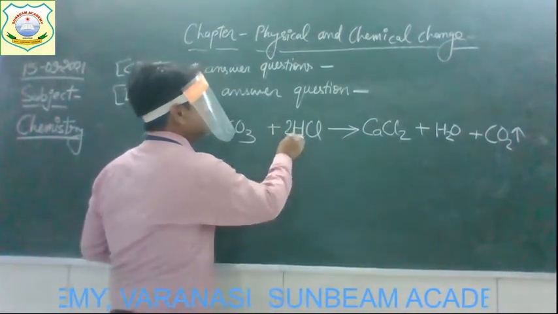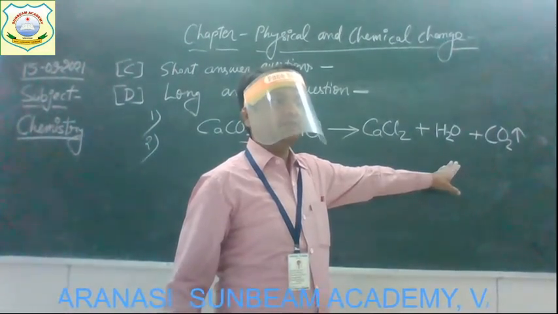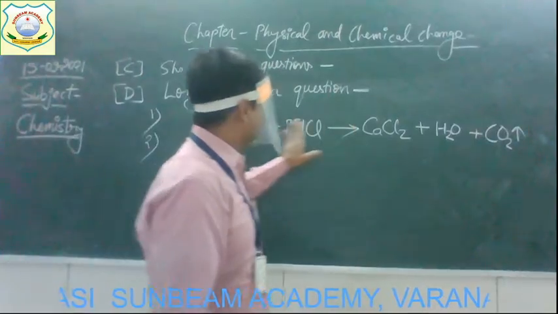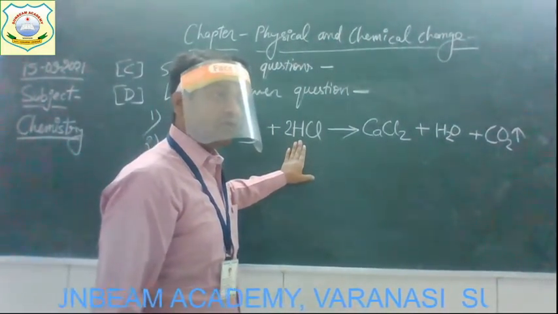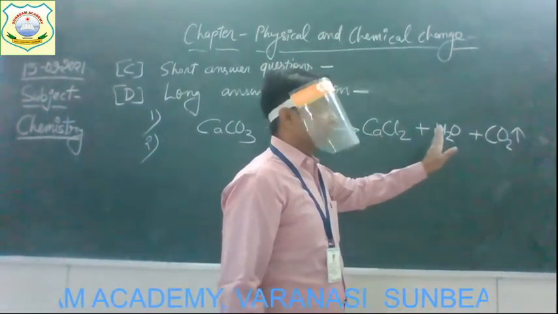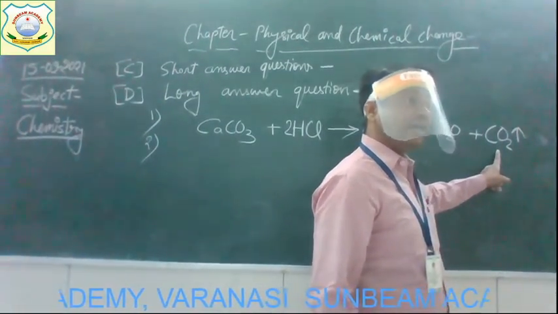So this is the chemical equation by which we can show that when calcium carbonate reacts with hydrochloric acid, it forms calcium chloride, water, and a gas, that is carbon dioxide gas.